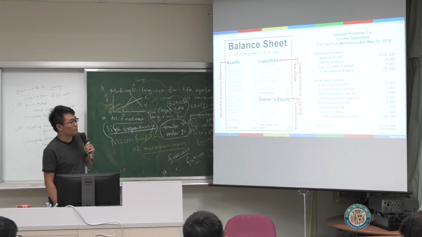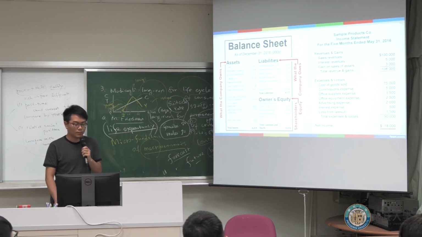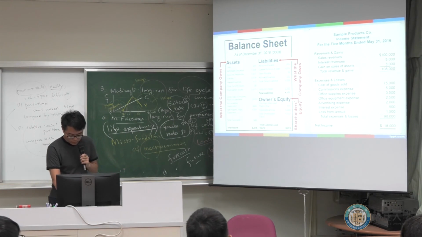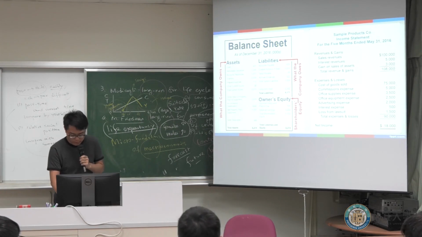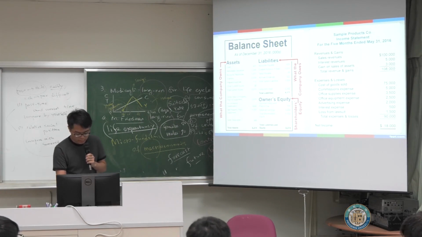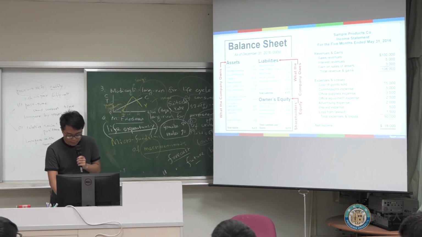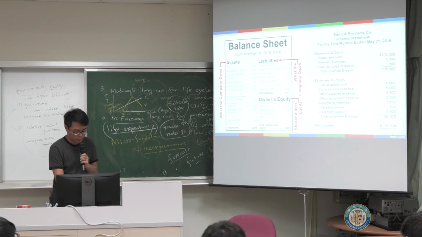On your left-hand side is a balance sheet, and it reports the dollar amount of a company's assets, liabilities, and stockholders' equity. Assets include cash, accounts receivable, investments, land, buildings, equipment, intangible assets, and so on.